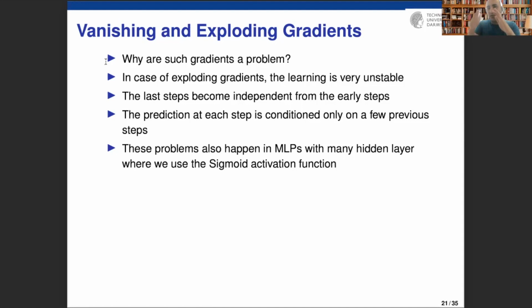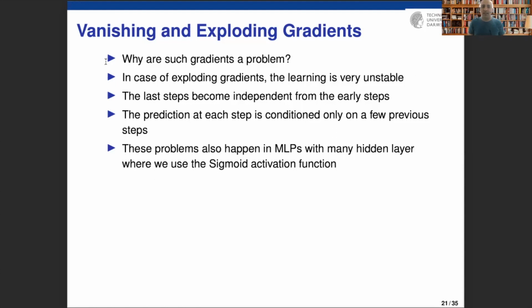As a result, you only focus on local context. At each step, you only learn from a few former steps, so the prediction at each step is conditioned only on a few previous steps, not on really early steps.